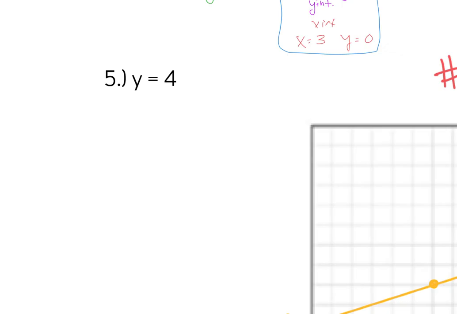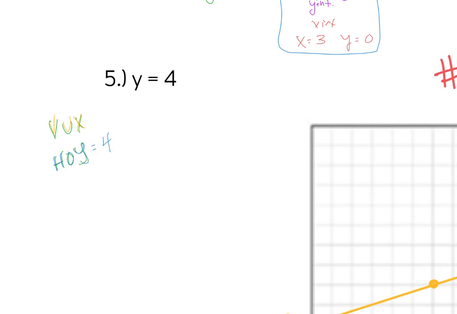Love number 5. There is Vux and Hoy. That says how. Hoy. This is a vertical line, has an undefined slope, and it's going to be x equals something. This is a horizontal line, has 0 slope, and it's y equals something.